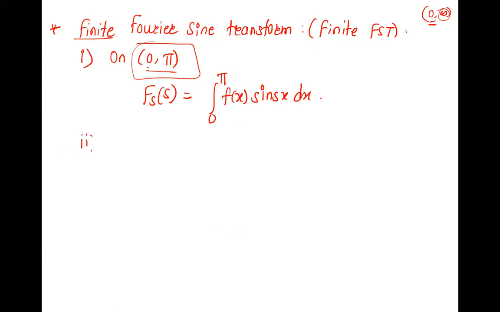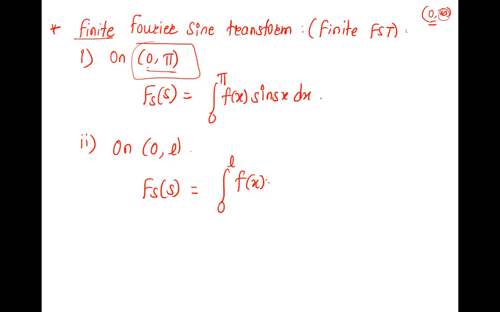And second, on the interval 0 to L. If it does not have pi in it and the number L is any number, then its finite Fourier sine transform is integration 0 to L f of x into, think about the angle as in the Fourier series.